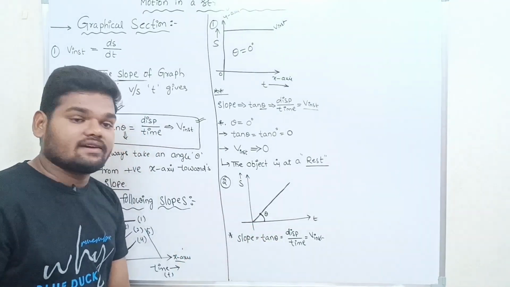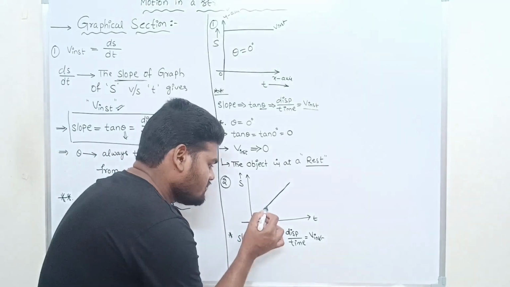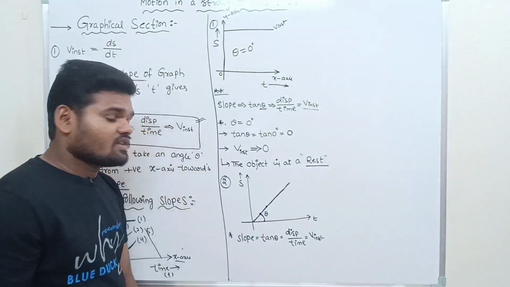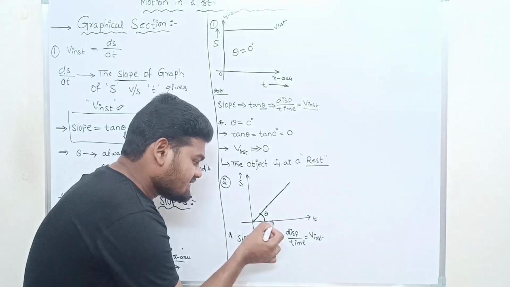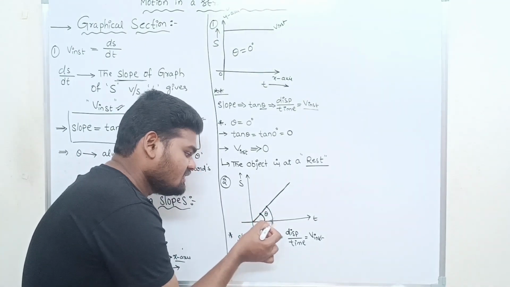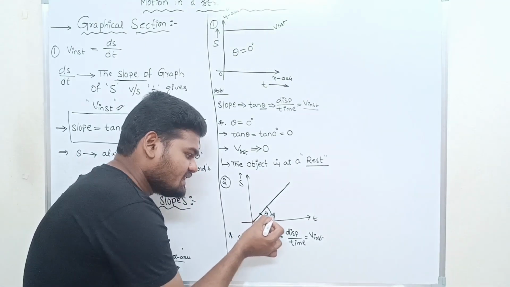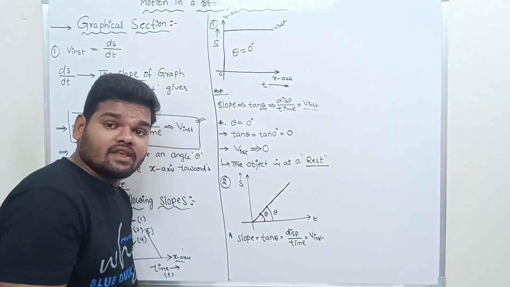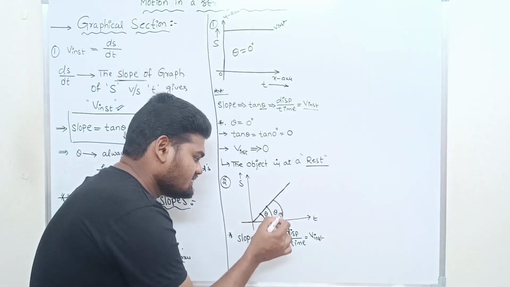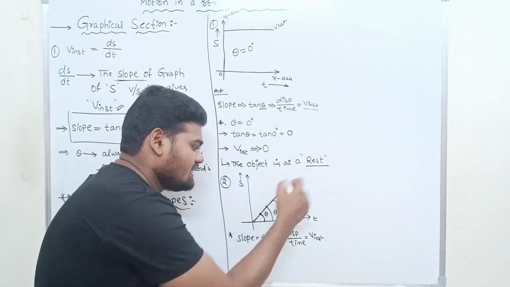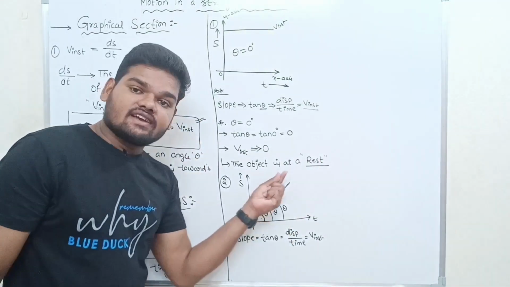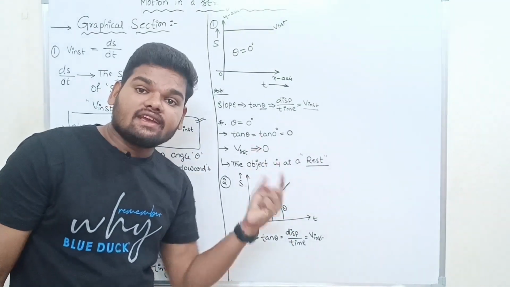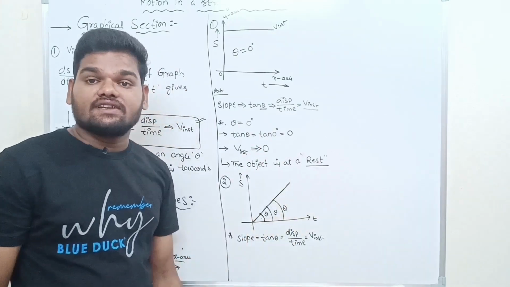At an angle theta. Again I'm taking one more point on the slope. Okay, so from the positive x-axis, what is this angle? Have a look. If this is theta, then this is also theta. If you take one more angle, then this is also an angle theta. Likewise, all the points on the slope are making an angle theta with the positive x-axis.